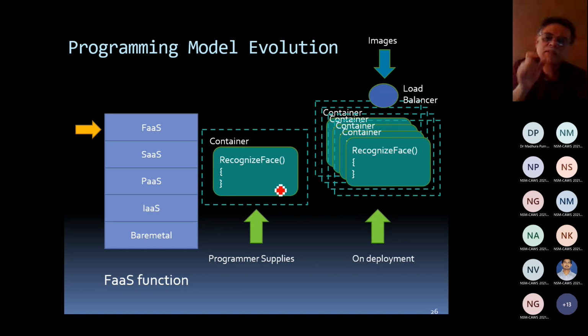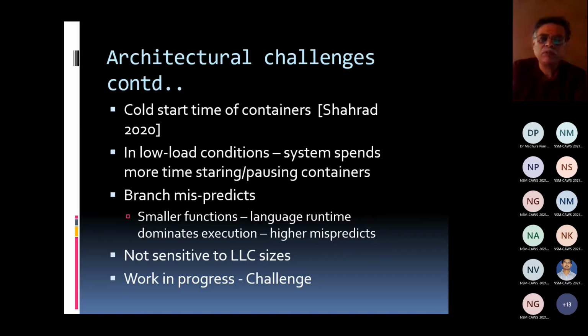The amount of code that is executed is very, very small. There's one work which just started last year, and we saw a paper on this, showing that under low load conditions, the system actually spends more time starting and pausing containers rather than actually doing work.